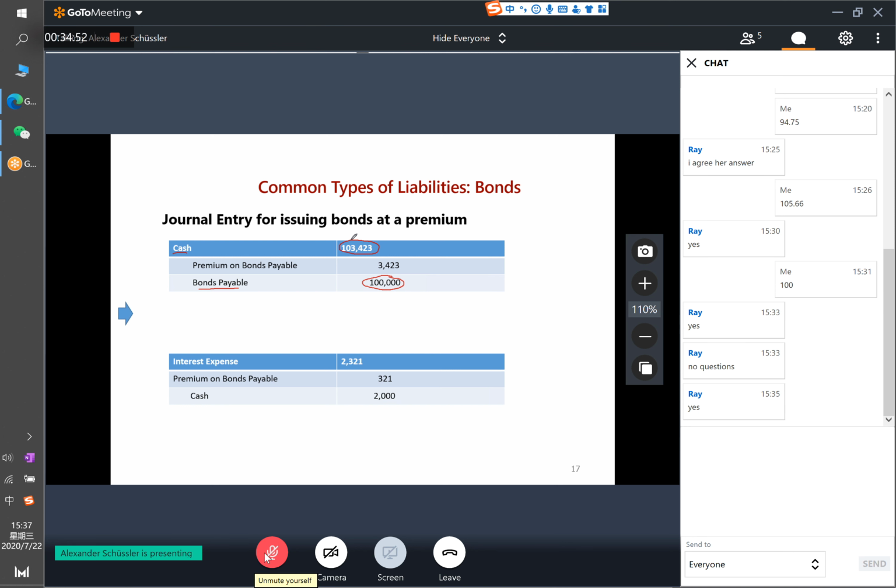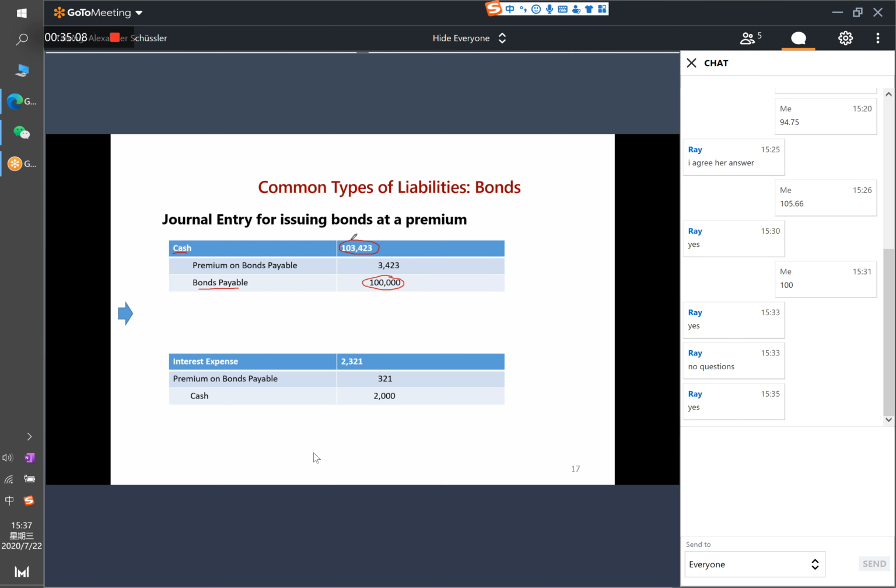Firms can issue bonds at a premium when the stated rate, the coupon, is too high. Yeah, when in the marketplace the interest rate is lower, and investors therefore like the bond and are bidding that bond up.